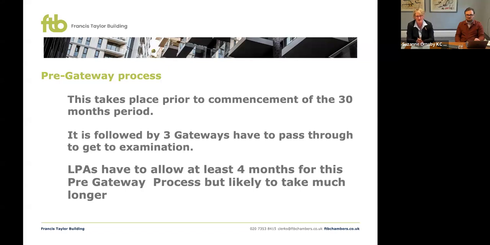Once that process has been completed, it's followed by 3 gateways, which a local authority has to pass through in order to get to examination of its plan. Local authorities have to allow at least 4 months for the pre-gateway process, but in reality, certainly in my view, it is likely to take much, much longer.